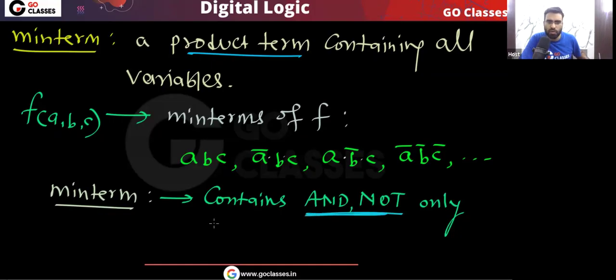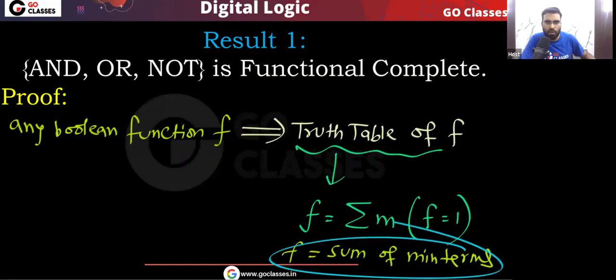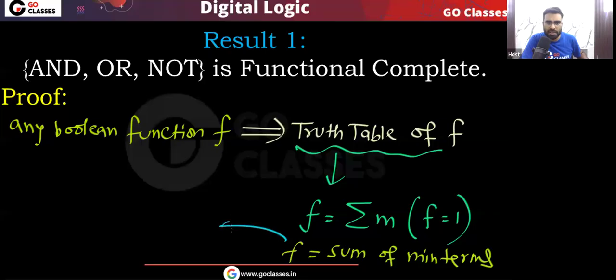Now you can easily see that for any Boolean function, you are writing a sum of minterms. When you write a sum of minterms, like mi or mj or mk, which operations are you using to express this function f?